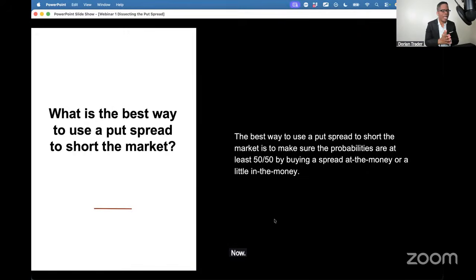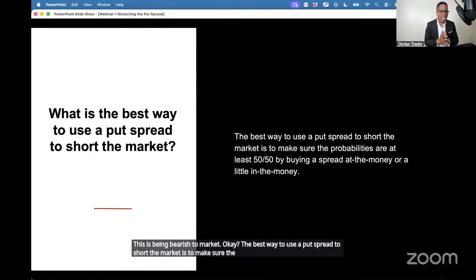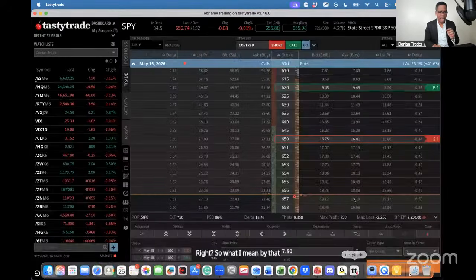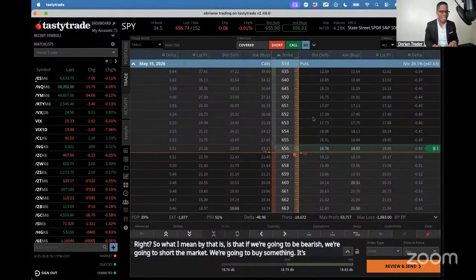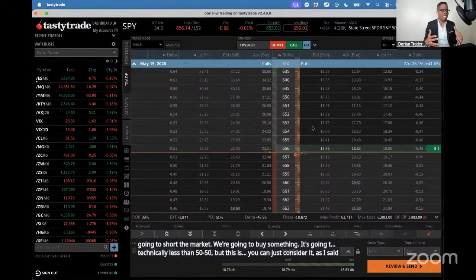Now, what is the best way to use a put spread to short the market? This is being bearish on the market. The best way to use a put spread to short the market is to make sure the probabilities are at least 50-50 by buying a spread at the money or a little in the money. What I mean by that is that if we're going to be bearish, we're going to short the market, we're going to buy something. It's technically less than 50-50, but you can just consider it, as I said earlier, for simplicity purposes, a 50-50 shot if you're buying something at the money.